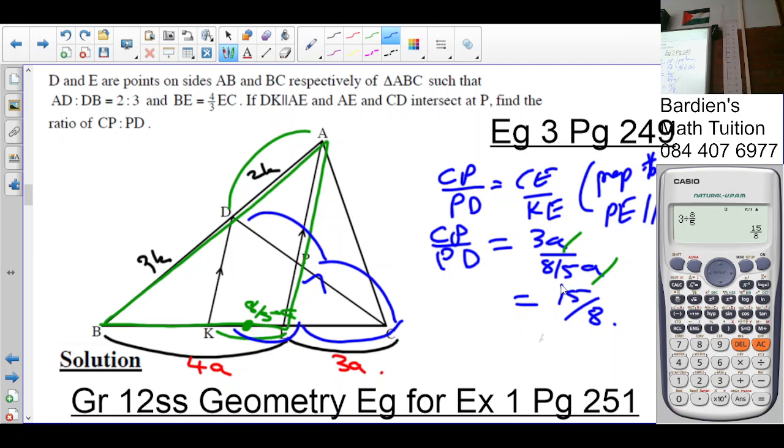Okay, do you guys understand? Is that correct? Let's check there. So then you can conclude. Remember, if the question is in that form, I must write it in that form. So therefore, CP is to PD as 15 is to 8. Okay, do you guys understand?